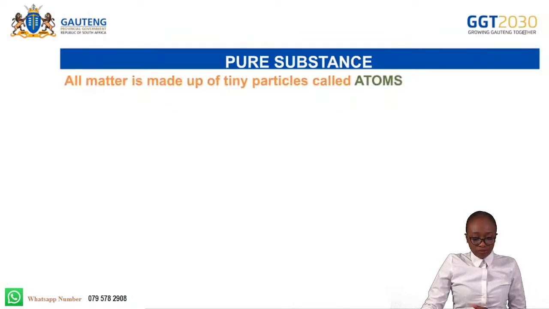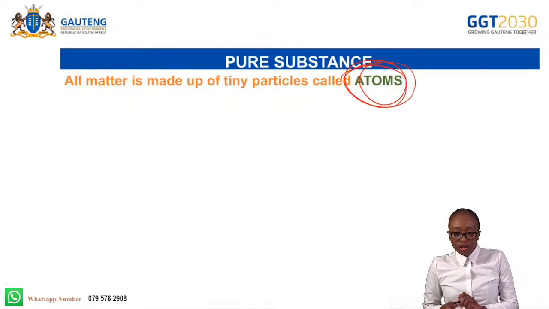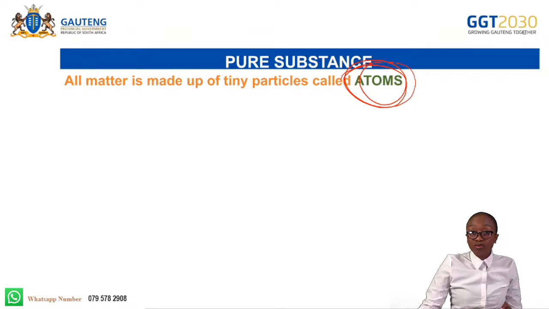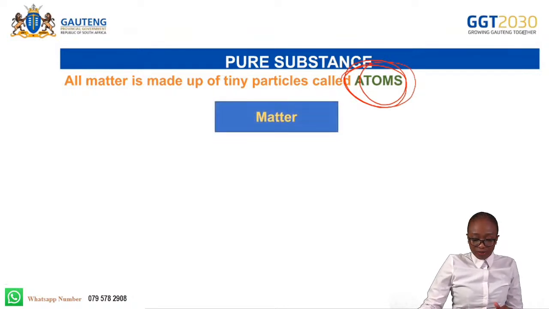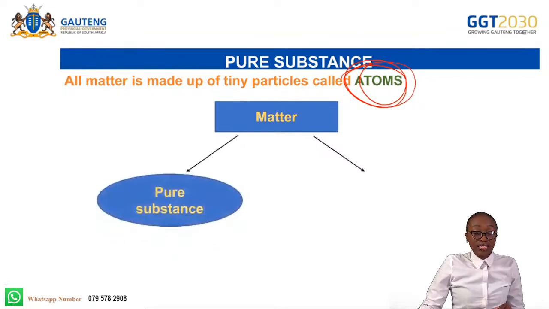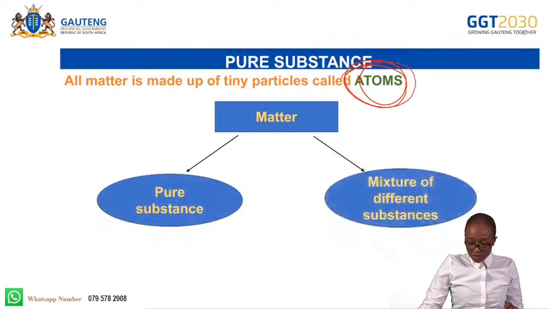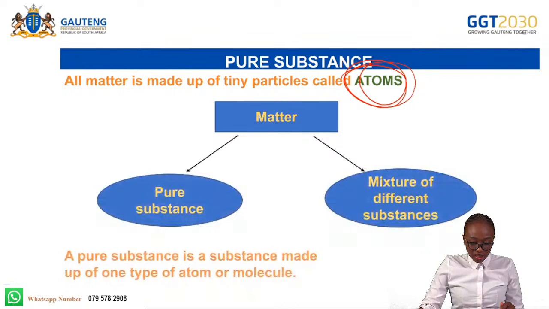Pure substance. Remember, all matter is made up of tiny particles called atoms. Remember from our previous lesson. So I've made a little map. Matter can be subdivided into pure substances and then a mixture of different substances.